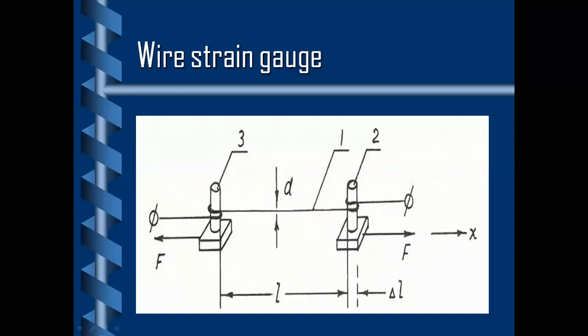Over here, you are getting the wire. Actually, we are interested in this wire having the change in resistance due to change in length of wire. And what is the cause of change in the length? The cause is nothing but applied force.